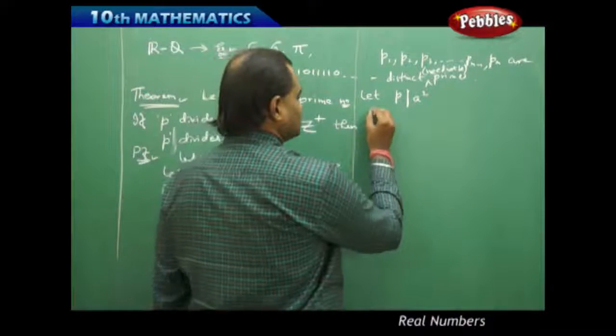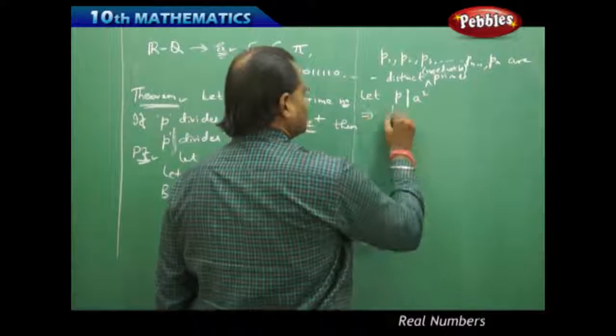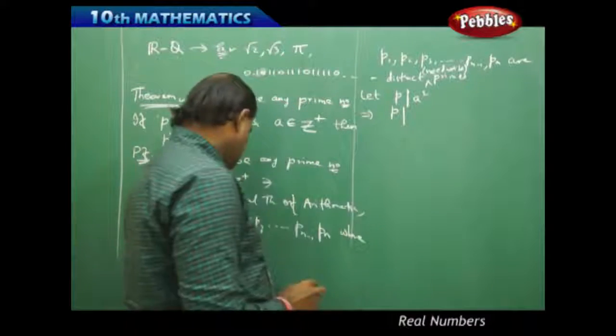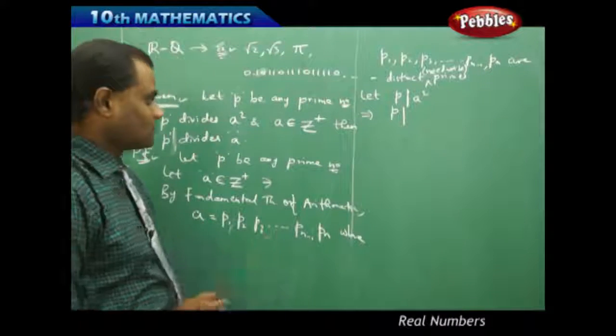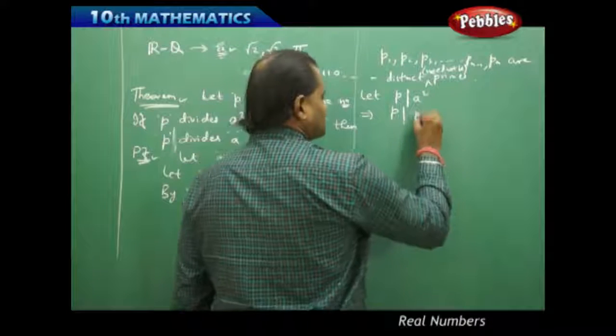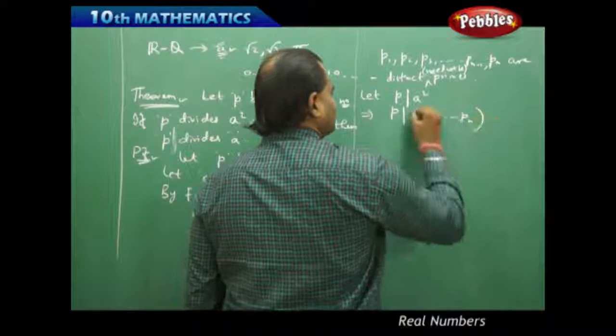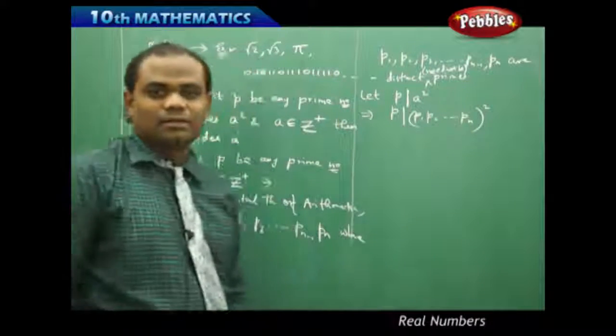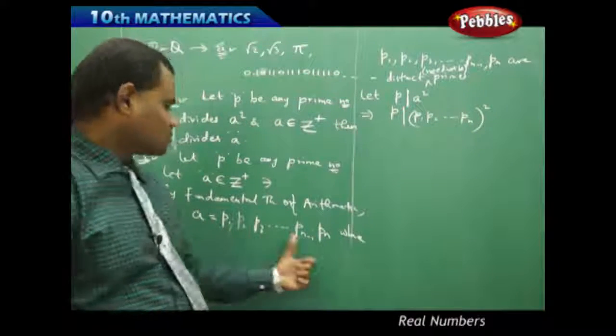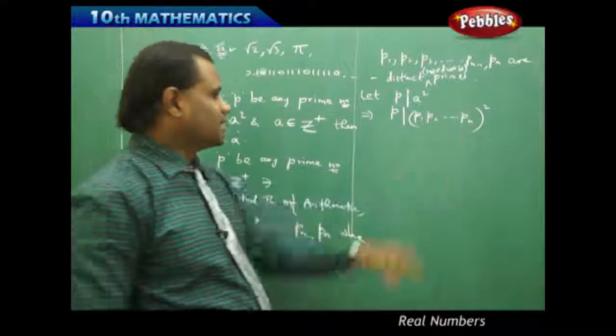That implies P divides a square, which can be written as p1, p2, pn whole square. Because a is p1, p2 till pn, I square it to get this.